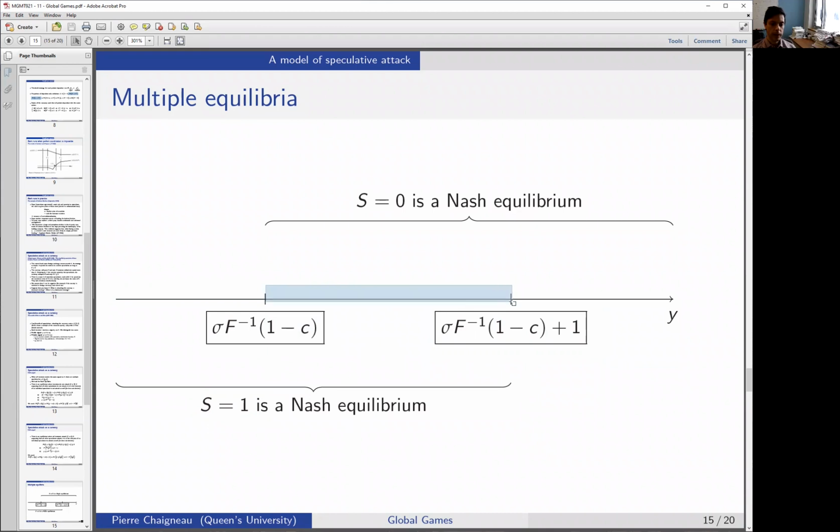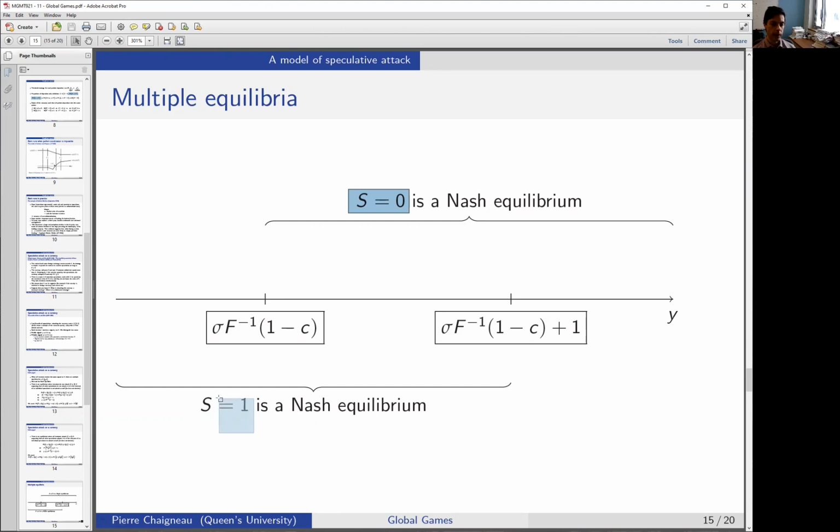And so it means that in this interval, there's two Nash equilibria. It is possible for everyone to attack the currency or for no one to attack the currency. And this is reflecting strategic complementarities, the fact that investors can coordinate on not attacking, in which case the currency will not collapse, and it is indeed optimal for everyone to not attack.